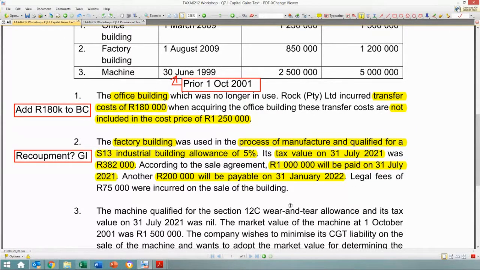I'm just going to repeat the question. If they only pay a million in our current tax period and they pay the additional 200,000 in the following tax period, will that impact the amount we use for the proceeds?